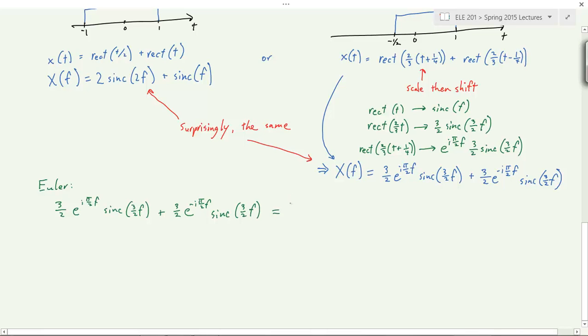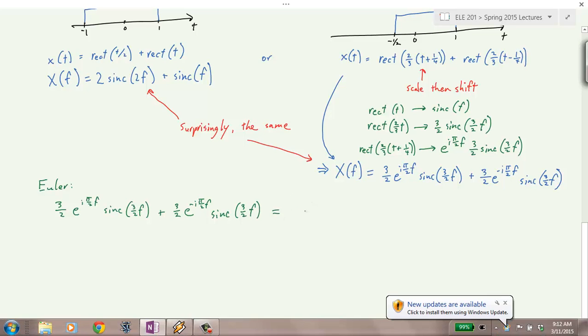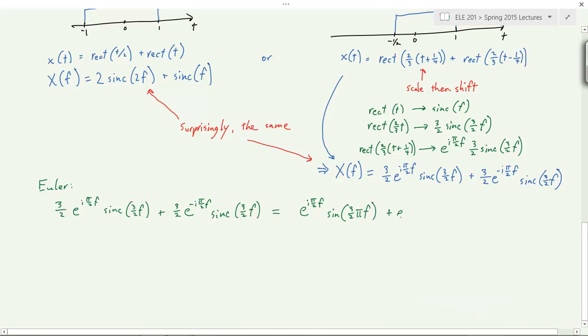And what we're going to get is the 3 over 2's cancel. So we get e to the i pi over 2 f sine of 3/2 pi f over pi f.